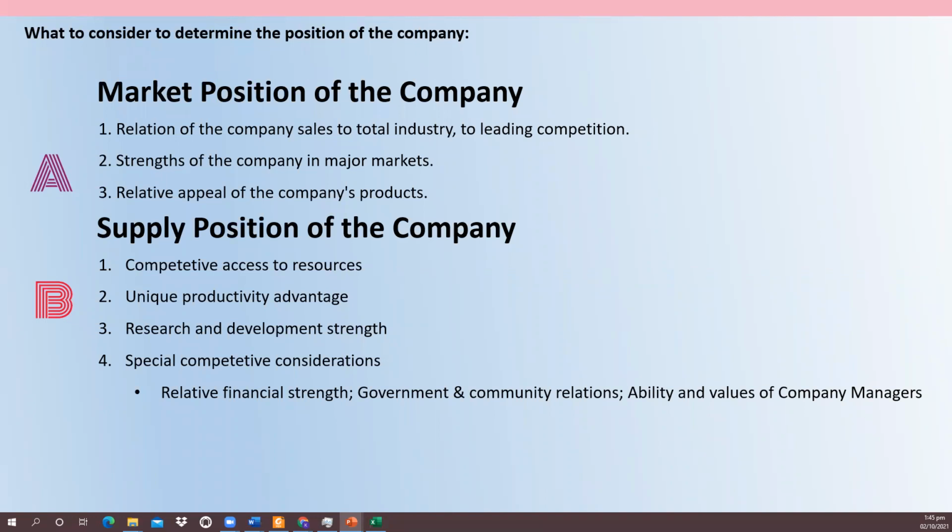And then if you can help the community, for example, taking care of the environment, I guess you'll have a good relationship with the community. Next, ability and values of the company managers. So how the managers treat their subordinates, and how do they train their subordinates.